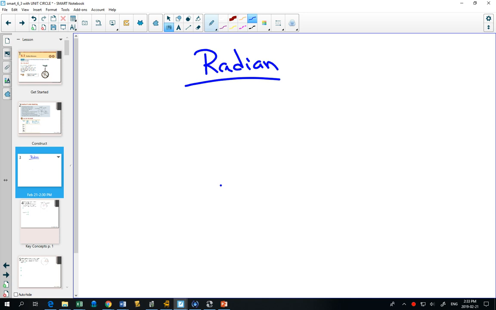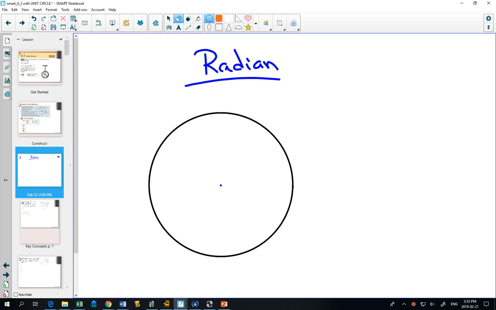If all of the sides are the same, it's equilateral. So I'm going to use this length as my radius, and I'm going to make a circle with a radius equal to the length of that triangle.